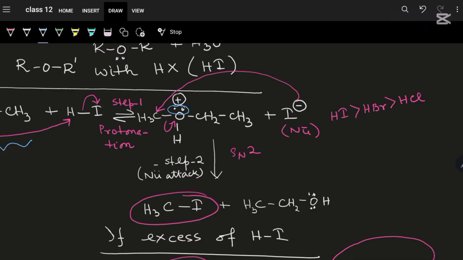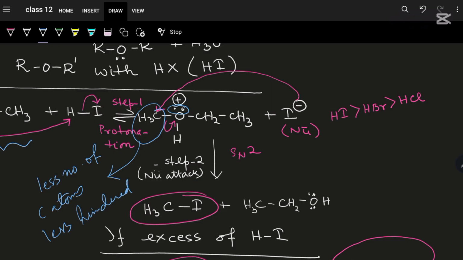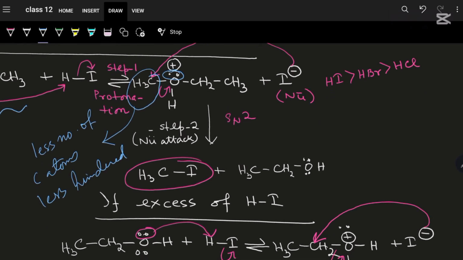Now in the next step, it is an SN2 reaction where the nucleophile I minus is attacking the carbon on the side having the lower number of carbon atoms, because this is less hindered. So I minus attacks here and another mole of alcohol is getting formed.